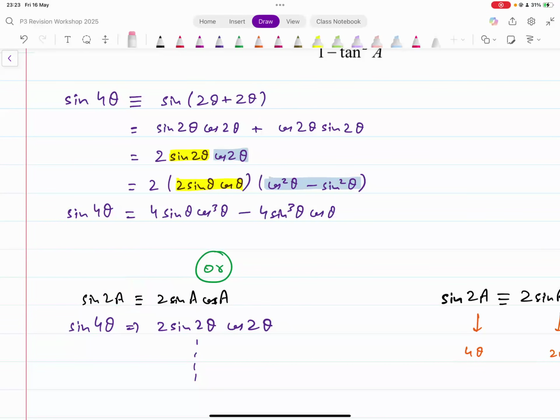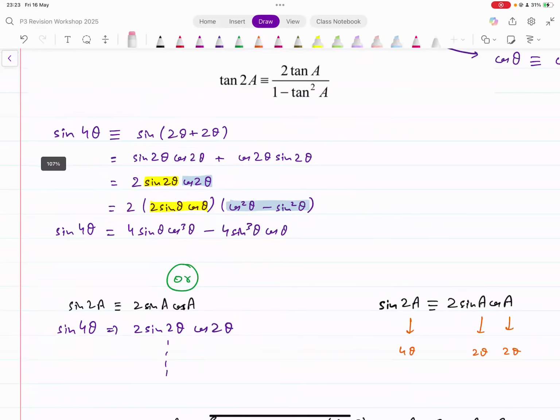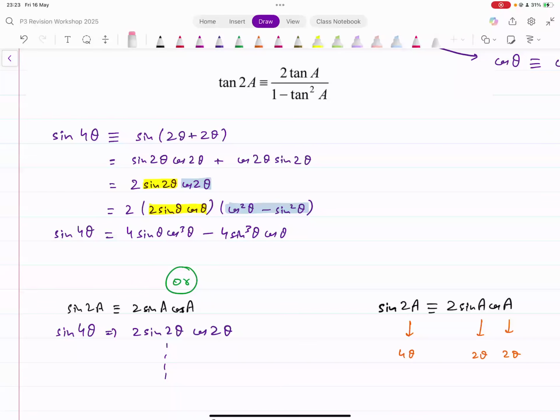So if we had 4 theta on the left side, on the right side, it would just be 2 theta and 2 theta, right? So we could do it directly like this as well, and then simplify it further, expand sine 2 theta, expand cos of 2 theta, and that would give you the simplified form. Okay, so that's how you expand sine of 4 theta.